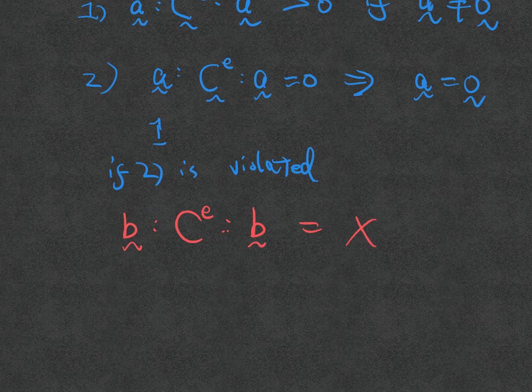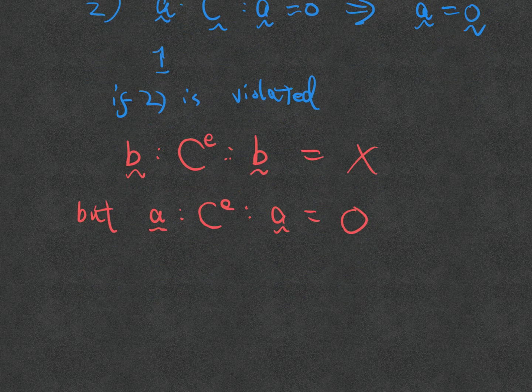But A double dot CE double dot A is equal to 0. So what happened? What if I have A plus B double dot CE double dot, A plus B?